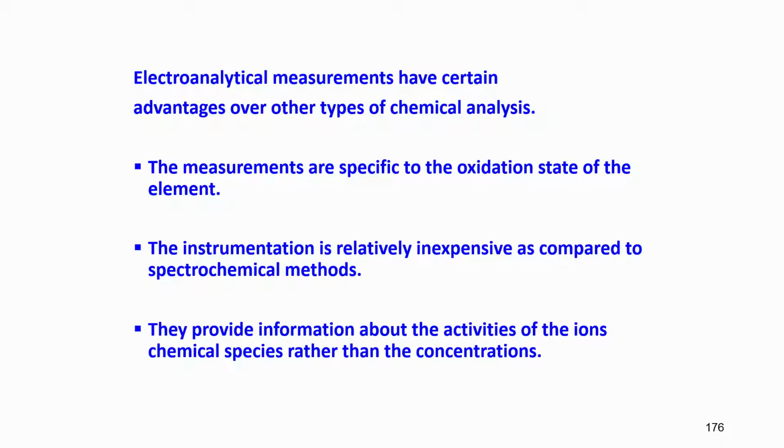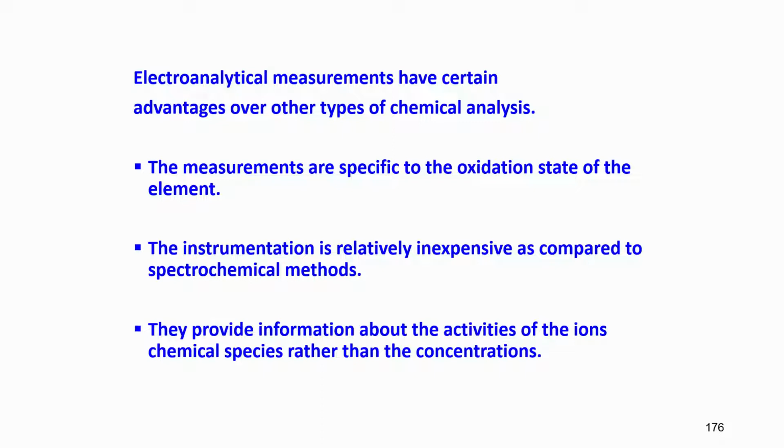It could be +1, +2, +3, +7, depending. So, I can find out what is the oxidation state of a particular species in a solution. That is important. This is one advantage. No other chemical technique normally can tell me what is the oxidation state of the metal ion of interest.